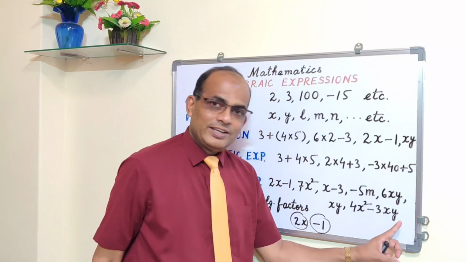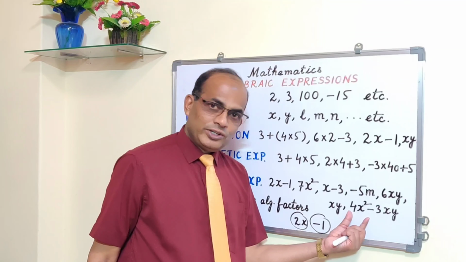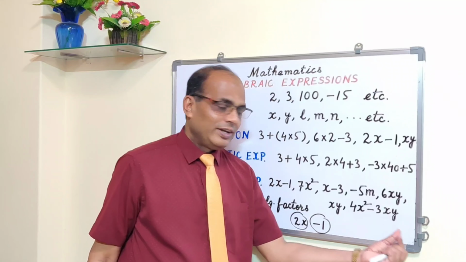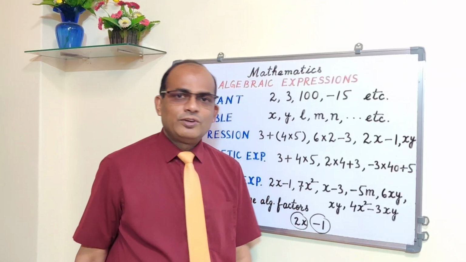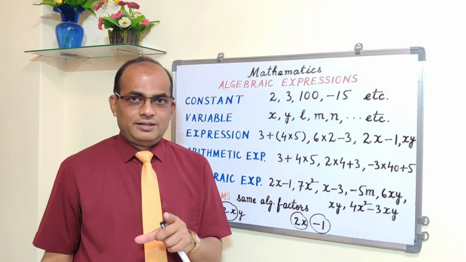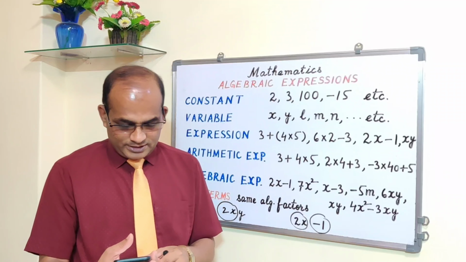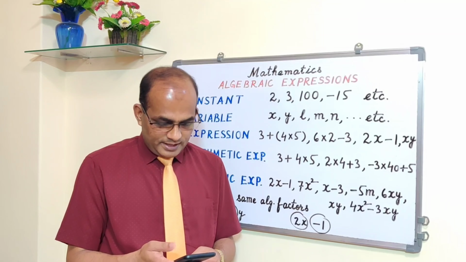So minus 3xy is the second term. Please remember. Here there are two terms. One term is 4x square and the second term is minus 3xy. And we add 4x square and minus 3xy and we get 4x square minus 3xy, which is an algebraic expression. So terms are added to form expressions. Fine.